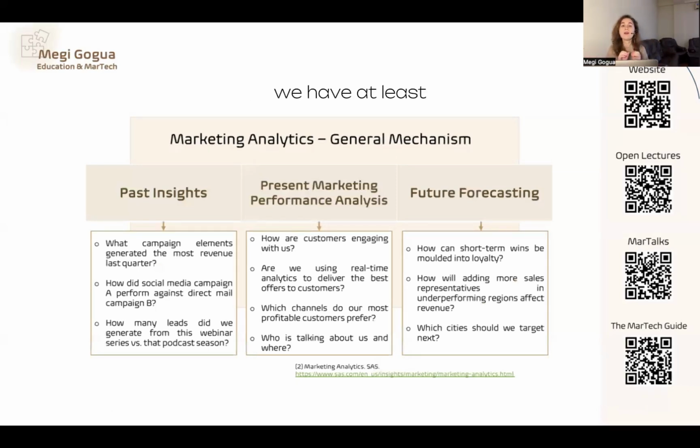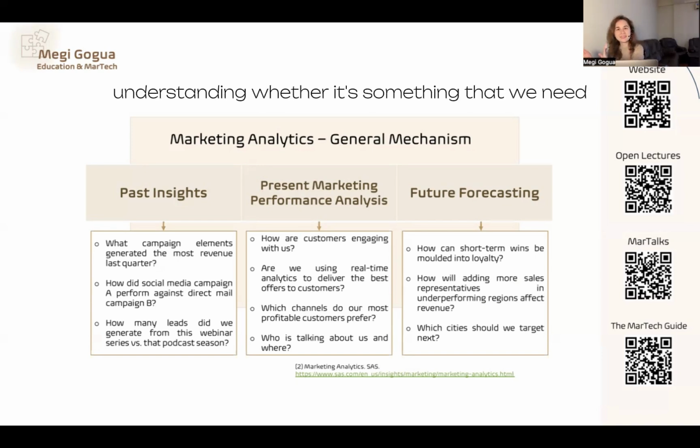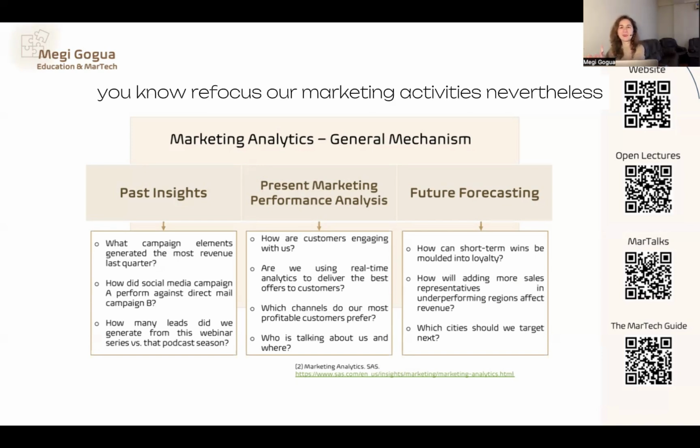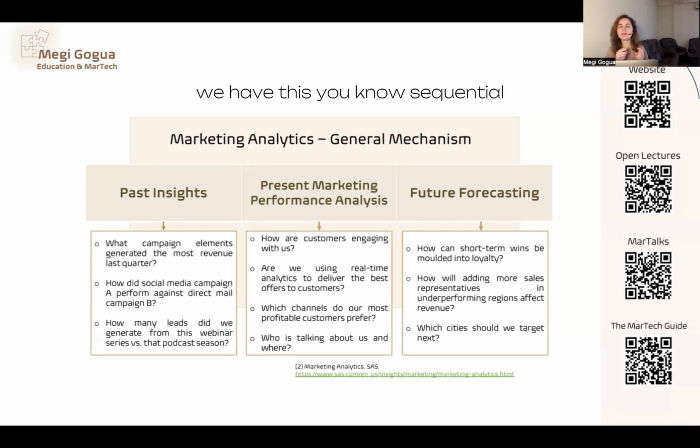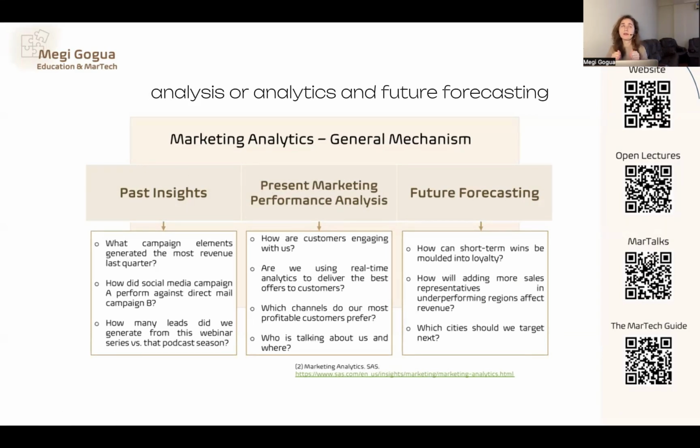No. We have, apart from the understanding of metrics in the very beginning, what we actually need to evaluate, to the end of understanding whether it's something that we need or we need to refocus our marketing activities. Nevertheless, we have this sequential, let's call it that way, short general mechanism within marketing analytics. So we have past insights, we have present marketing performance analysis or analytics, and future forecasting.